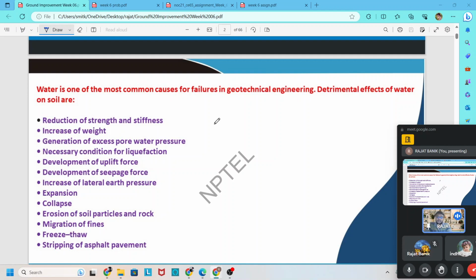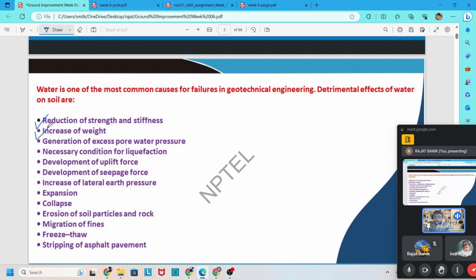We know the shear strength is a function of effective stress, so the shear strength is indirectly reduced. Due to the reduced shear strength, any structure present in the soil may fail in bearing or shear. So that is one reason we address the water.